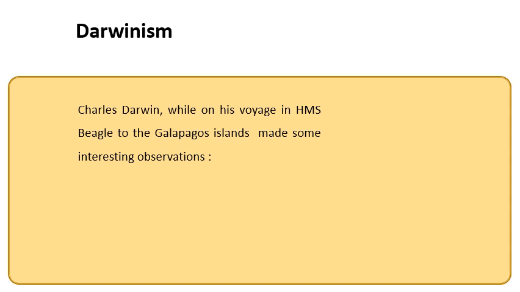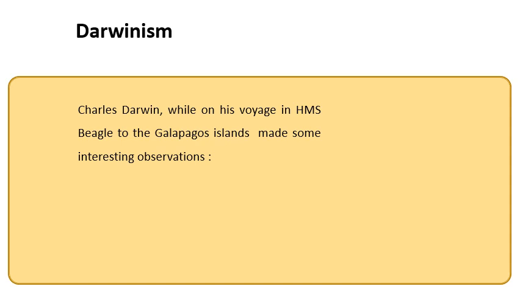He gave a lot of evolutionary thoughts regarding evolution, and as a result he is considered the father of evolution. Let us study about Charles Darwin. Regarding his biography, Charles Darwin was born on 12th February 1809.